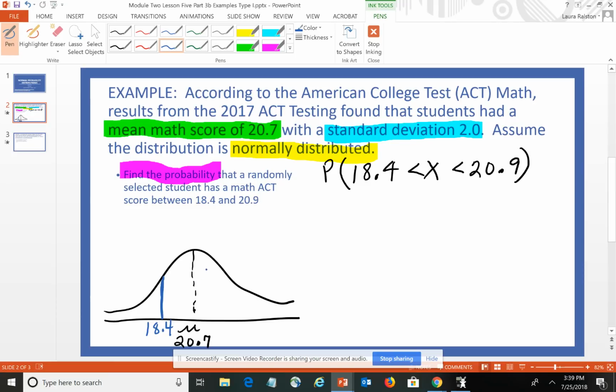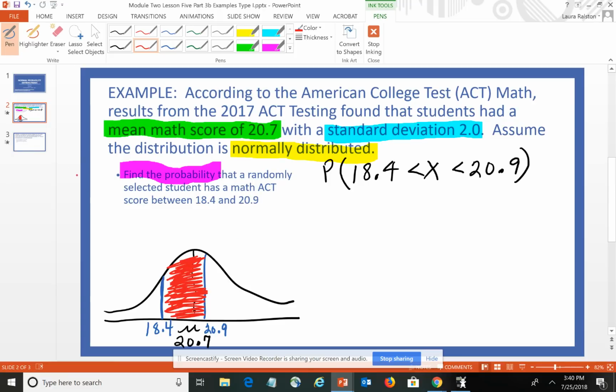The high value is 20.9, so that's slightly above the mean. We want to know the probability that they score between those two, so you're looking for this region in between those two numbers. The difference between this one and the others we've looked at already is that we have a definite start point and a definite ending point, as opposed to having a start value and going to infinity or negative infinity.